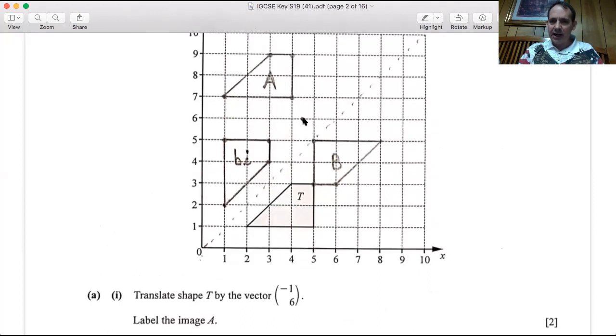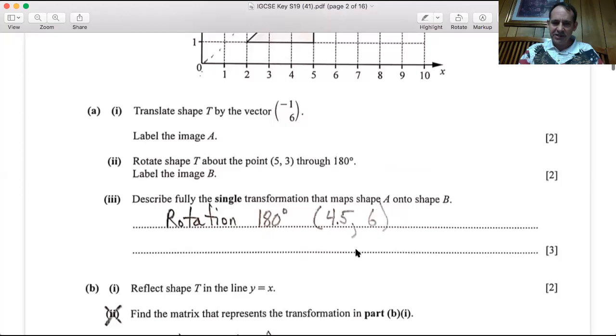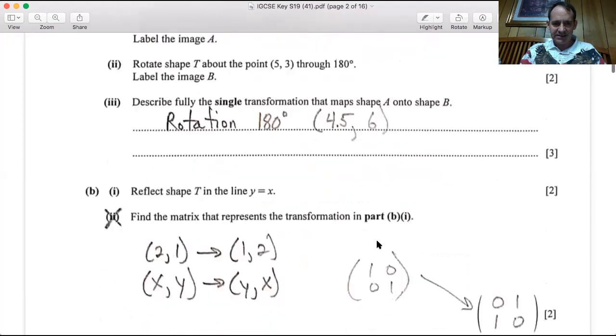It seems a little awkward because it's a decimal. So this one is 4.5 and 6. So our center of rotation is 4.5, 6. So you get 3 points, one for each of these pieces. Rotation, 180 degrees. Doesn't matter whether you say clockwise or counterclockwise because it's 180. And then your center of rotation again is 4.5 and 6.